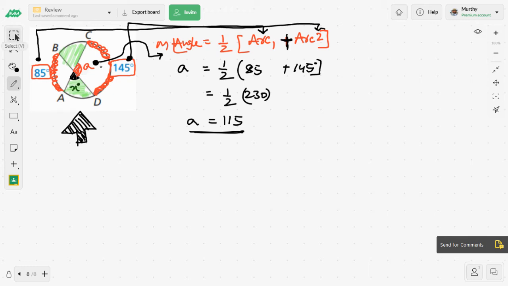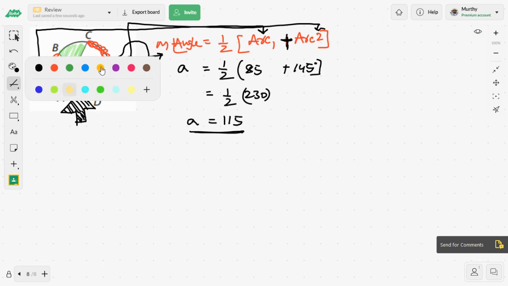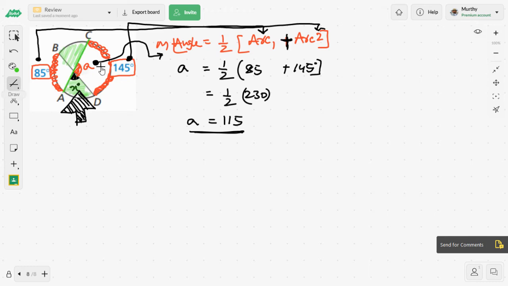Therefore, what is the relation between a and x? Do you see that this is a straight line or not? Remember, a straight line makes 180 degrees. Straight line makes 180 degrees.